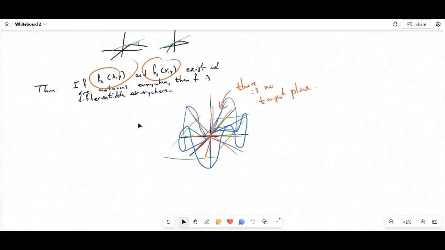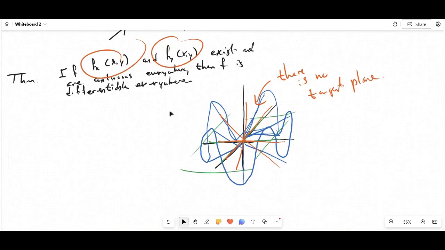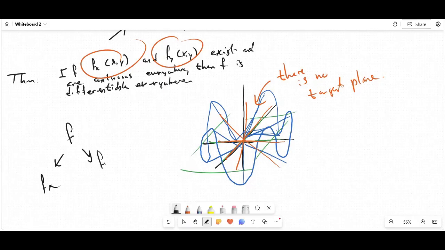So it is very convenient to know that if you have a function f, so let's say you start with some function f and you generate its derivatives by doing a little bit of calculus, and you find out that this is continuous and this is continuous.